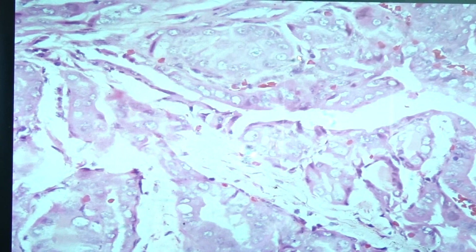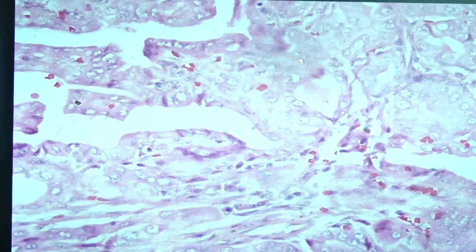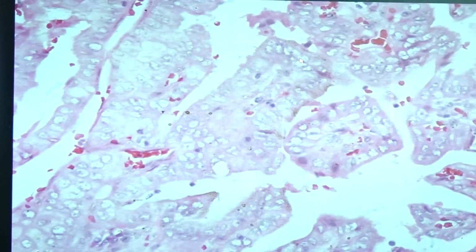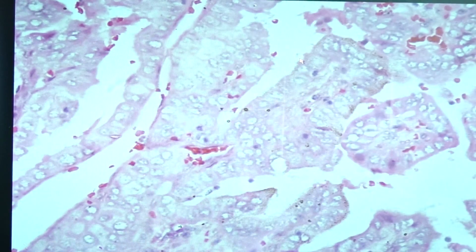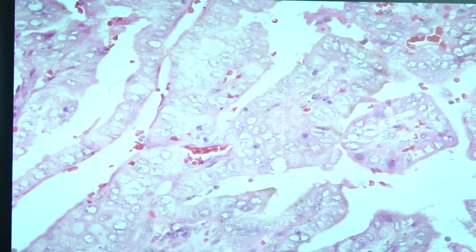So optically clear nuclei would help us distinguish it from follicular adenoma or follicular carcinoma, because we have a follicular variant of papillary carcinoma, wherein we do not see the presence of the papillae or papillary features, only the presence of follicles. But if you see this characteristic nuclear feature, which is called the Orphan Annie nucleus, then this would fall under the papillary carcinoma lesion.